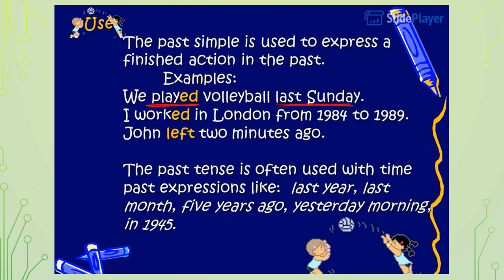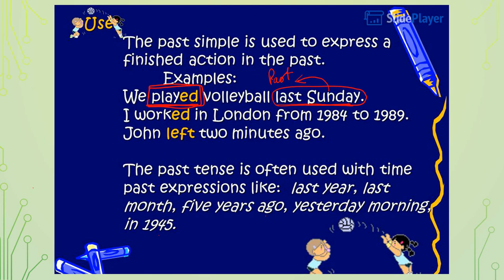It clearly means that it is the Sunday which is in the past, which has already happened. Last Sunday means it's the previous Sunday, not the upcoming Sunday, not the Sunday that we are having today. No, it's the Sunday which is already gone. So this is in the past. That is why we will use a verb here which denotes the past tense.